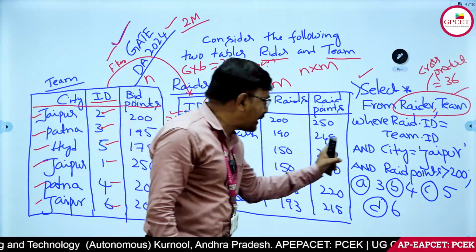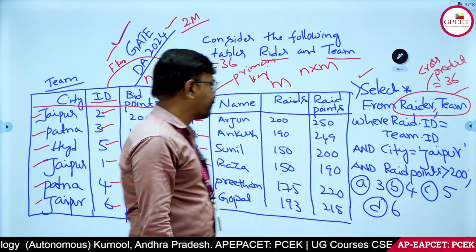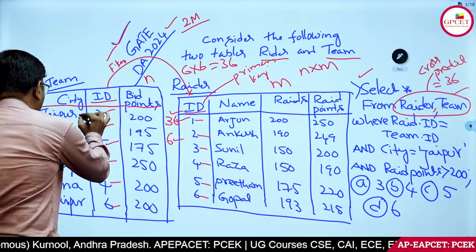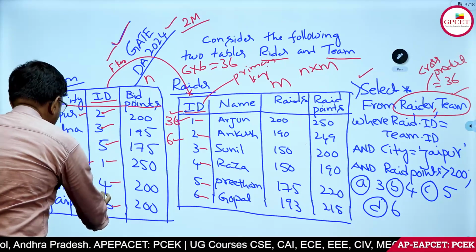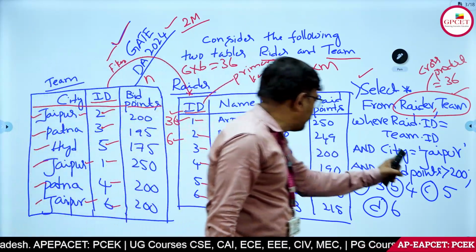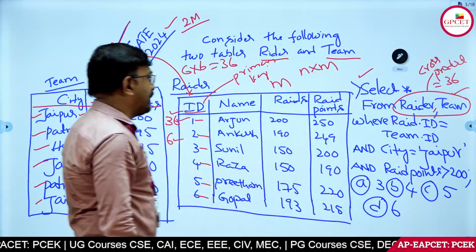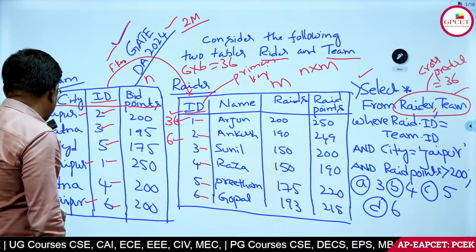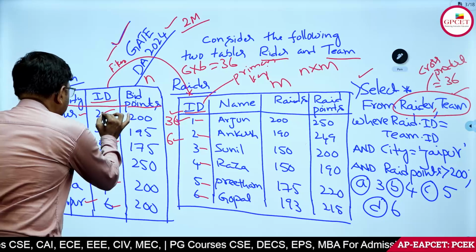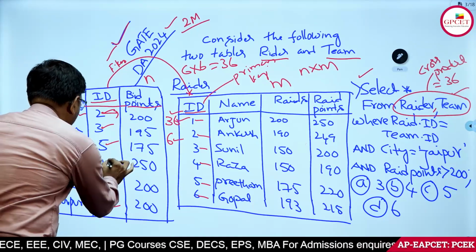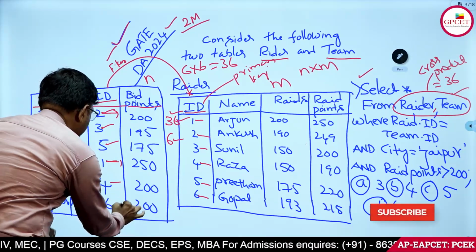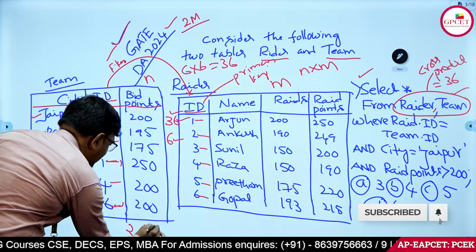And then the continuation of the question: and city equal to Jaipur. City equal to Jaipur: Jaipur 1, Jaipur 2, and then Jaipur 3. City equal to Jaipur and rate points greater than 200. Observe, Jaipur 2, 1, 6.